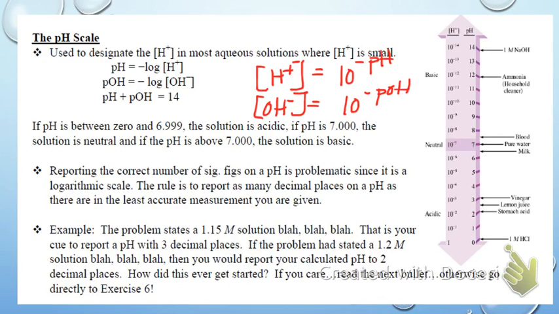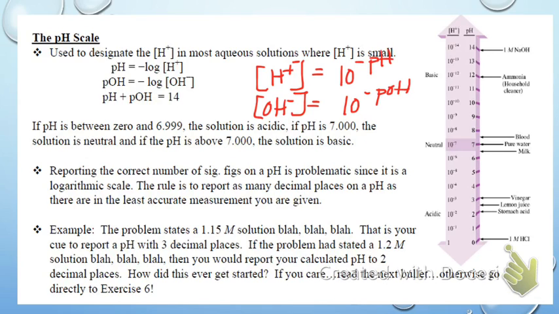So sig figs, significant figures for pH. I don't know if you remember this from Chem 1, but basically the number of decimal places in your pH is how many significant figures you need. Okay? So if I gave you a pH of 4.2, how many significant figures would you report your concentration in? 1. You're just looking at the decimal places. Okay? So if I gave you a pH of 4.22, then you would give me a concentration in 2 significant figures.